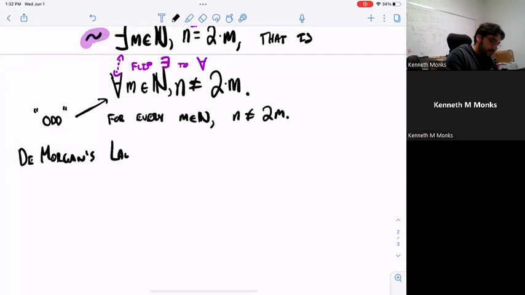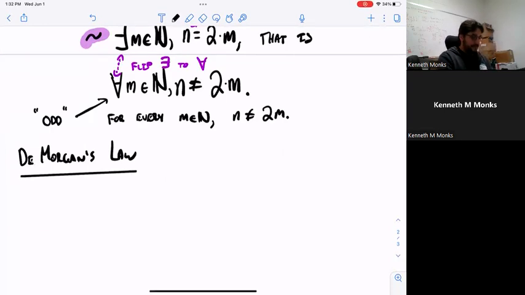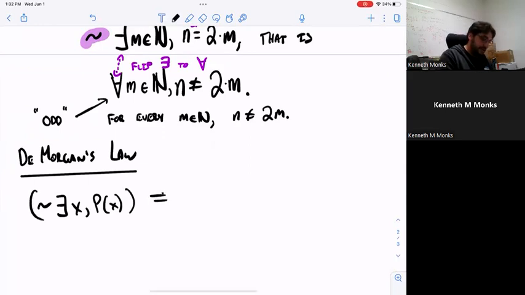And De Morgan's law says that exactly what we did is valid. If you have some statement p that takes a variable x, and you say it is not true that there exists an x such that p of x, that is absolutely equivalent in every way to saying that for every x, not p of x.